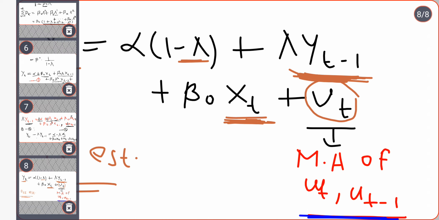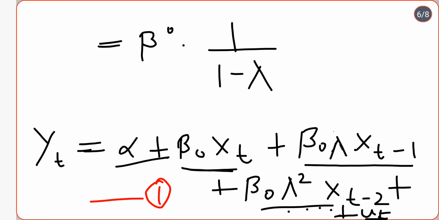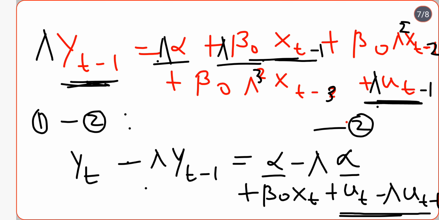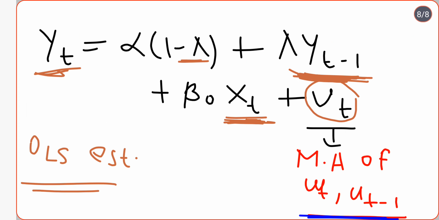But if you see the value of yt minus 1 in equation 2, yt minus 1 was basically consisting of ut minus 1, right? And in vt we have ut minus 1, because vt is nothing but the moving average of ut minus 1 and ut. So in vt we have ut minus 1, and in yt minus 1 we have ut minus 1.